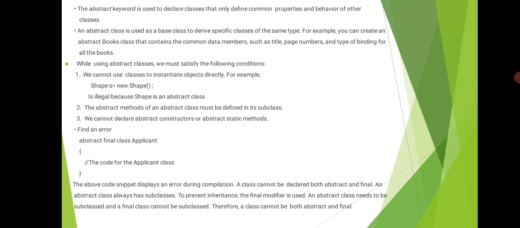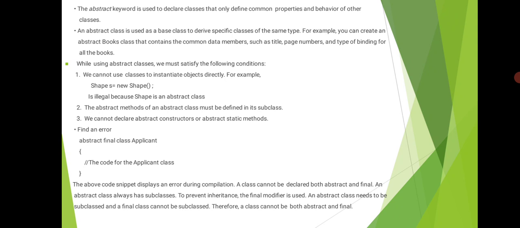When you declare an abstract class and it has some methods, all the methods become abstract methods. They should be overridden, inherited, and defined in the subclass.